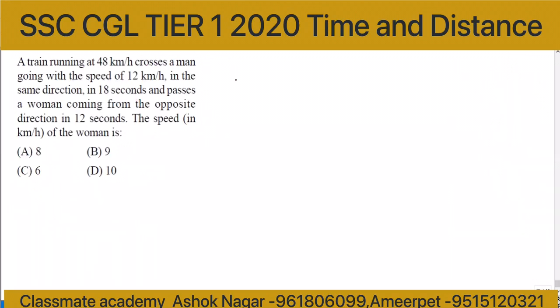Now I can take 48 minus 12, since it is in the same direction, therefore 36 kilometers per hour, in 18 seconds. The distance is the same, so speed into time. The train passes a woman coming from the opposite direction in 12 seconds. The speed of the woman.